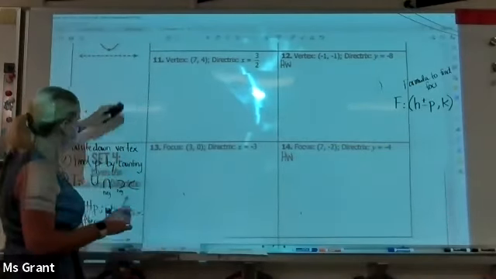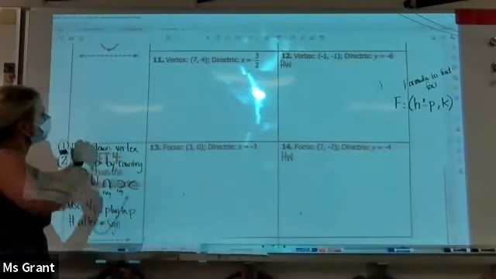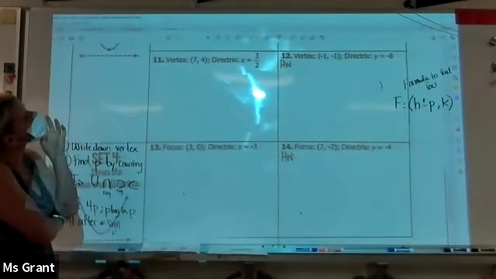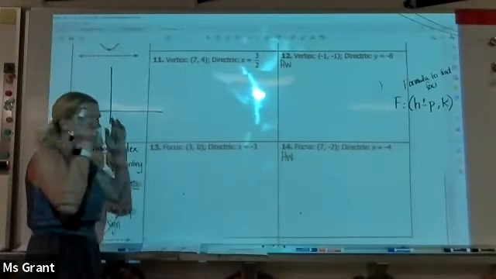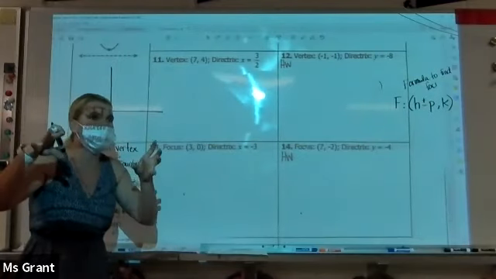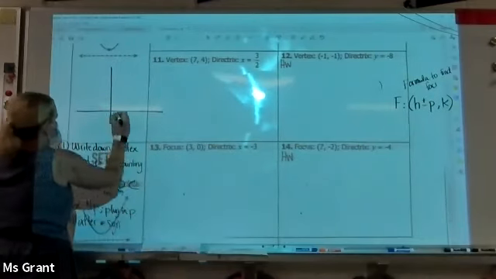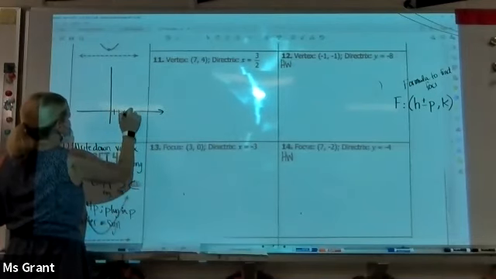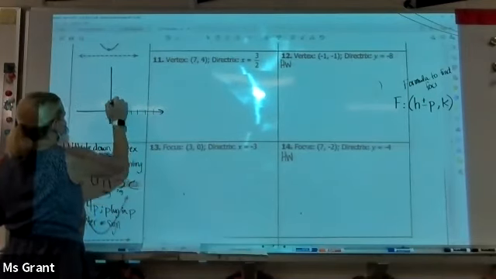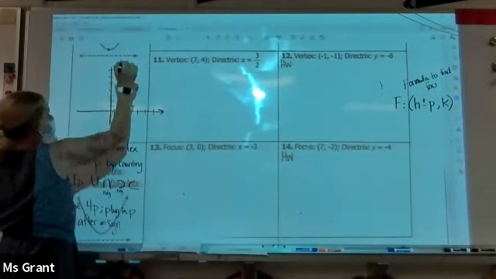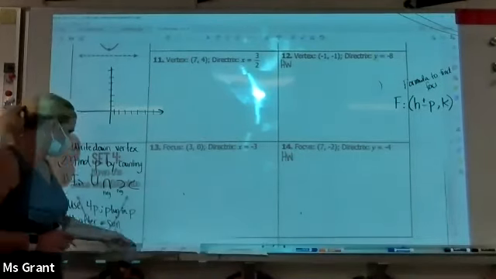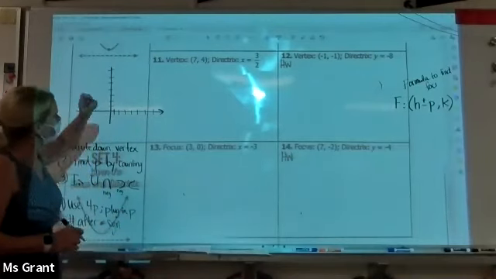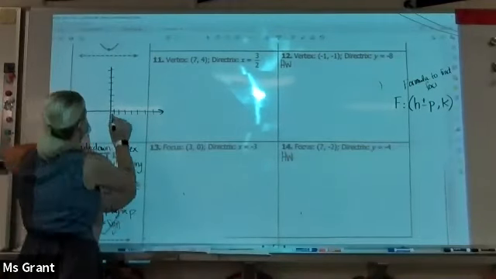My vertex and directrix again. 7, 4, this will be in quadrant 1. So I'm going to pay attention to quadrant 1, and I made it larger. I don't care about quadrant 2 or 3 or 4. 7, 4.